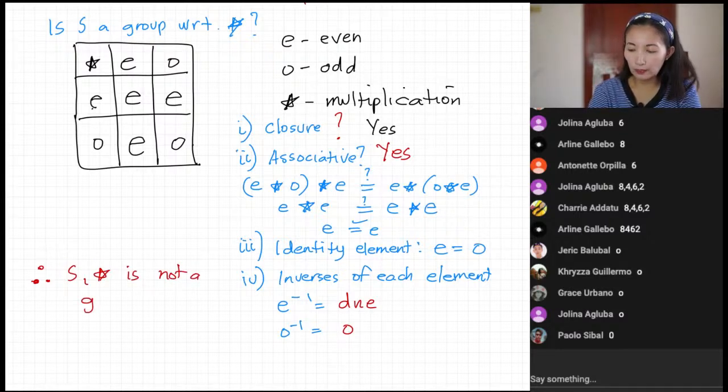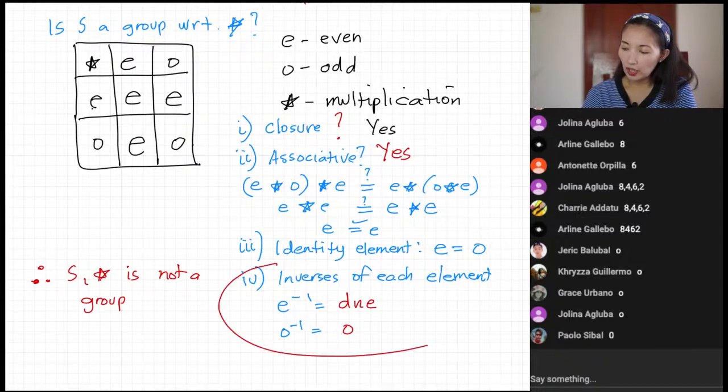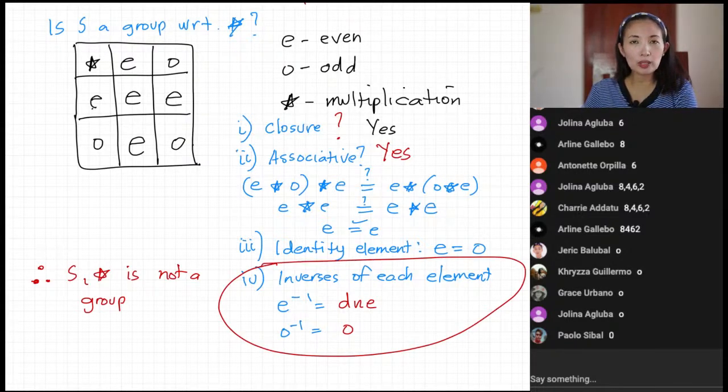Yan ang rason. Although all of you answered it's not a group, your reason is wrong. This is the correct answer: there is one element without an inverse, and that element is E. E inverse does not exist. So that disqualifies S to be a group. Hindi siya group. Not all elements have inverses.